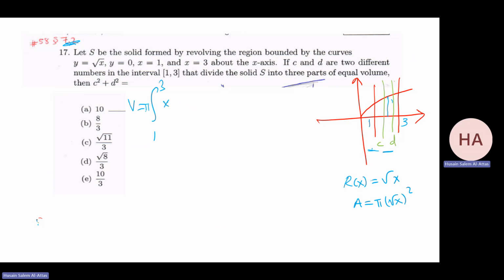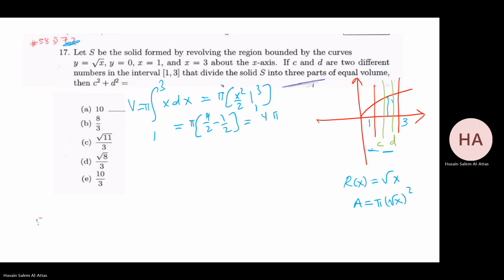Don't forget the pi. And that gives me what? It will be pi times X squared over 2 from 1 to 3. That will be pi times 9 over 2 minus half, 8 over 2, that will be 4.